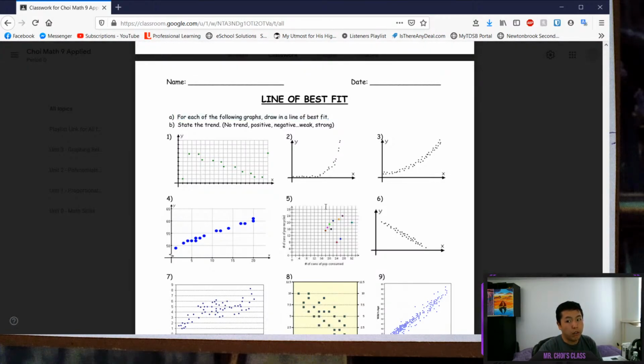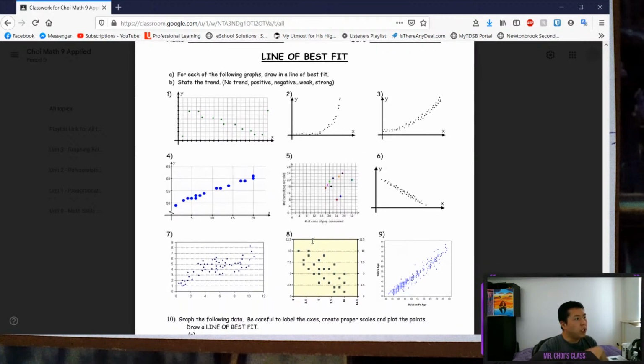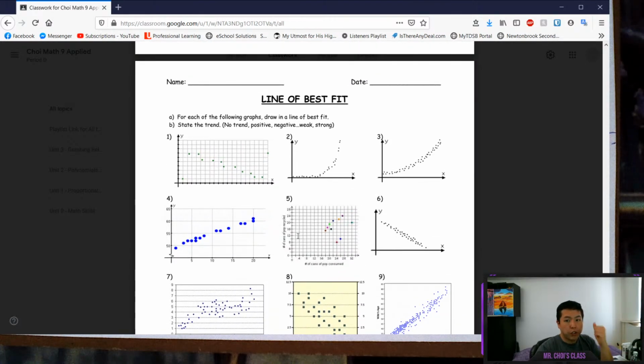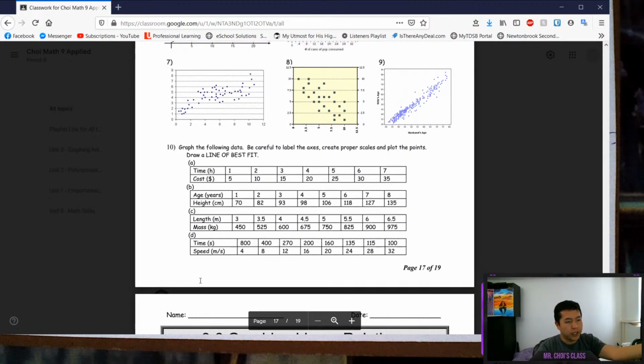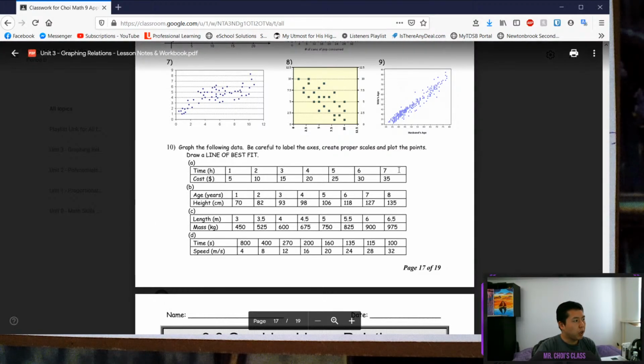There may be outliers in the data. Once you do that, you state the trend. Strong, weak. Positive, negative. Linear, non-linear. Or no trend. And then you have some graphing examples in the bottom here for question 10.